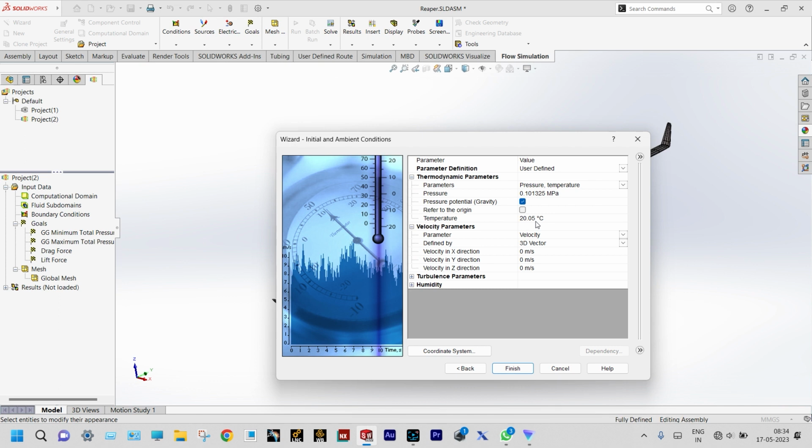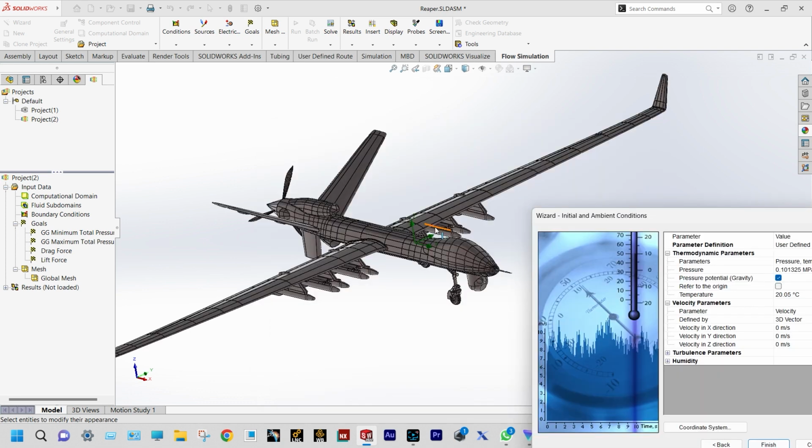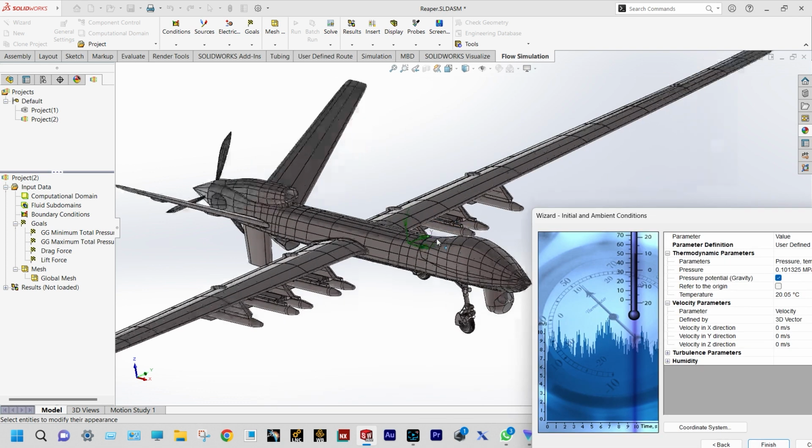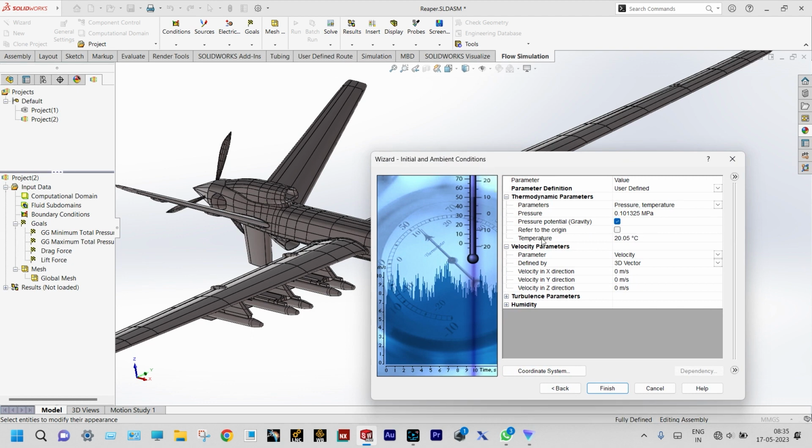Right, next one is a very important parameter, actually the velocity parameters. You can see here the Reaper will be moving in x direction, so the velocity of air will be opposite to x, that is it will be minus, right? As I told, the operating velocity of this Reaper is actually 135 meters per second, so in this case velocity of air will be minus 135 meter per second. We can provide that one here.